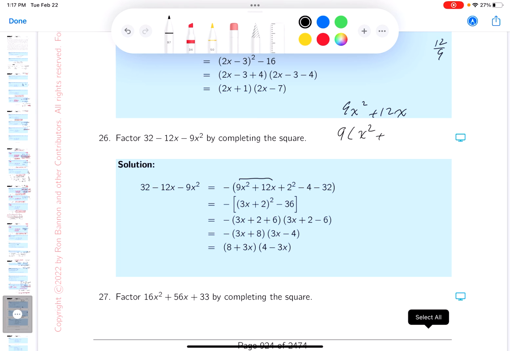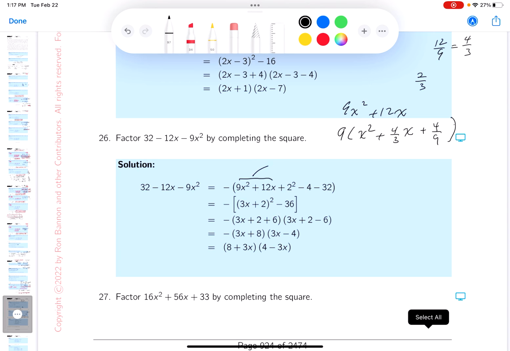And what's 12 ninths? Well, let's do that. 12 ninths would be, I divide by 3, right? So what is it? 4/3. I'll write that down for you. Now, to complete the square in that guy, what we have to do is take half that number, which is 2/3, and square it, and that would be 4/9. All right?